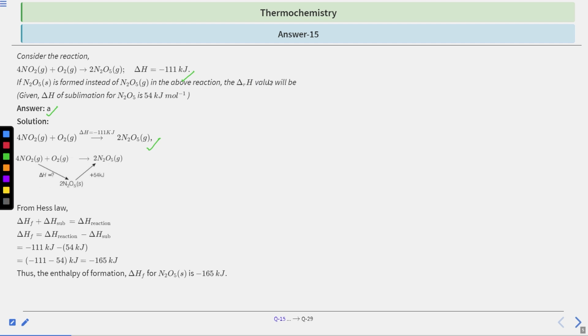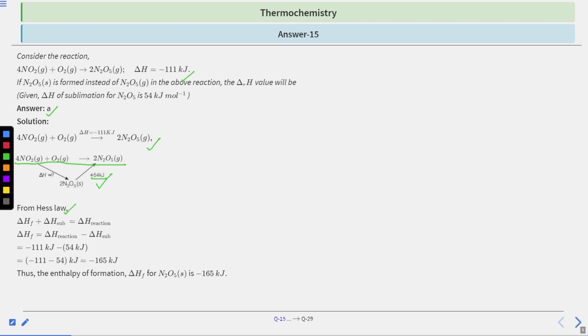So basically, we have this equation, but in between, a solid form of N2O5 is forming, which is then converting to the gaseous form. The solid to gaseous conversion is given, which is the heat of sublimation, that is 54 kilojoule.